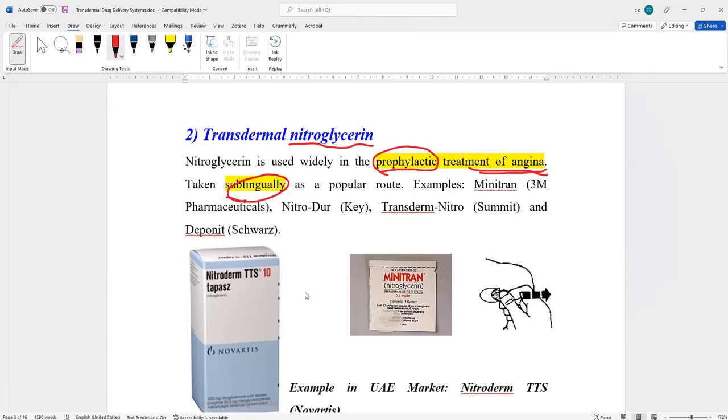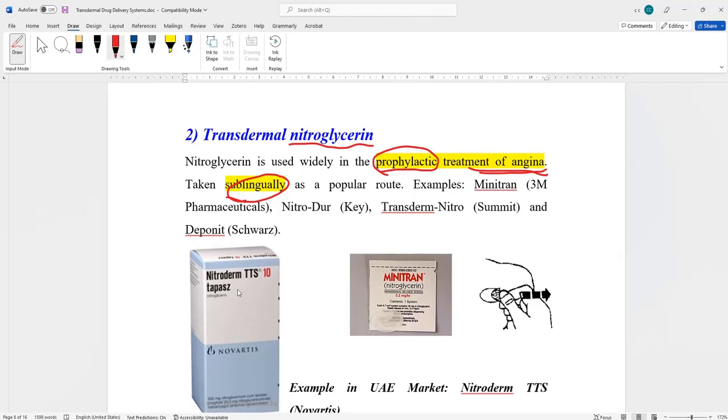If you remember we talked about sublingual tablets. Nitroglycerin was an example, and this is the usual way of giving nitroglycerin, but we also have a transdermal delivery system. Examples we have Minitran, we have Nitroderm, we have Nitrodur, we have Transderm Nitro, we have Deponit.